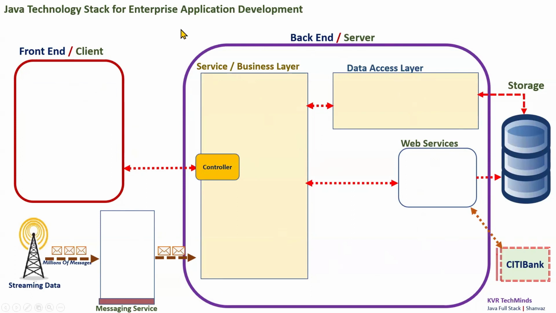All these are building blocks of the enterprise application. Now the question is, if I want to build each of these, what technologies should I use? You should know all these technologies to build an enterprise application.